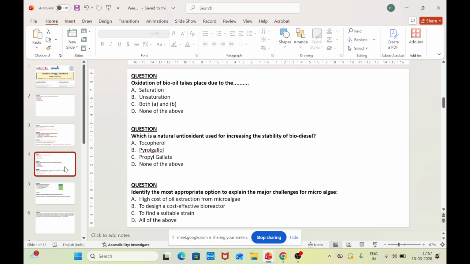Can saturated fatty acids or saturated carbon compounds undergo oxidation easily? Or which one will undergo oxidation more easily? Unsaturated or saturated?